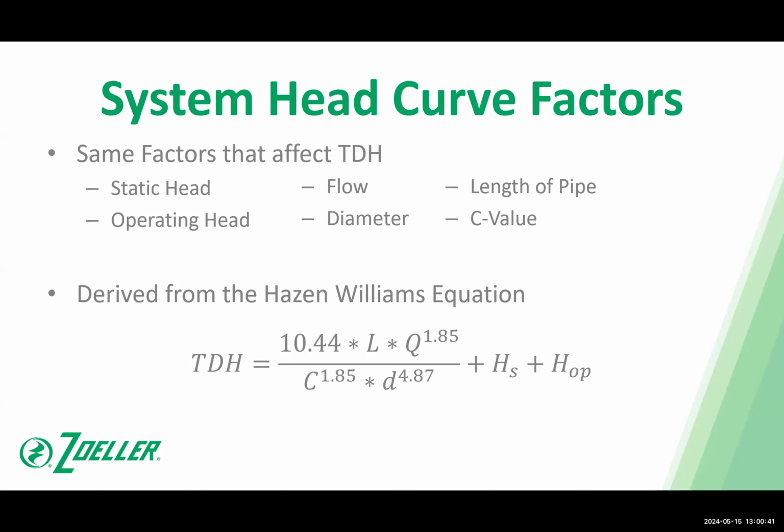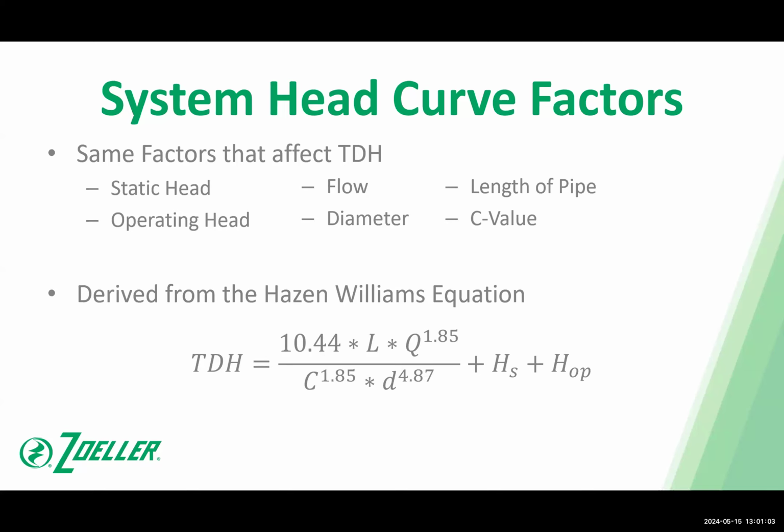Your length is going to be in feet. Then you have your flow rate, Q, which is to the 1.85 power, in gallons per minute. And then you divide by the C value to the 1.85. Your C value is just a coefficient. There are no units tied to it.